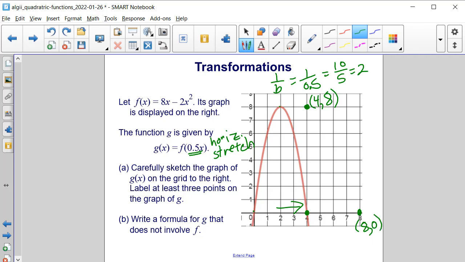And now because this x-intercept at 0 is touching the y-axis, it's going to stay on the y-axis. It cannot be pulled away from it. So this will remain the same.